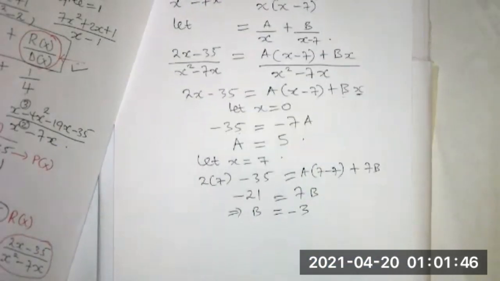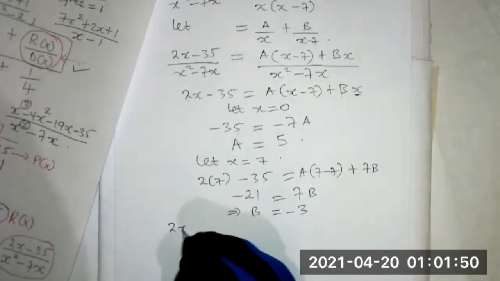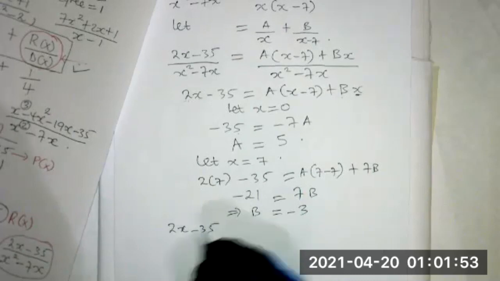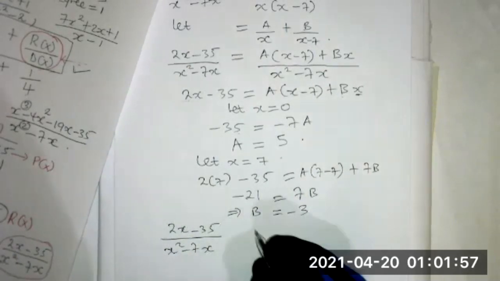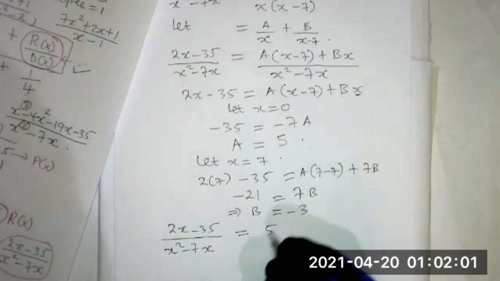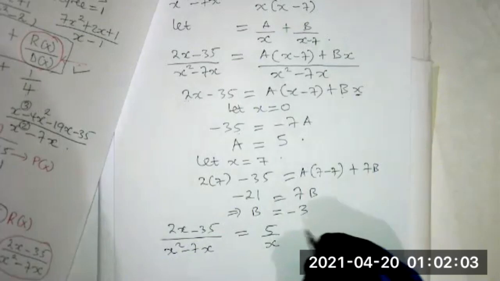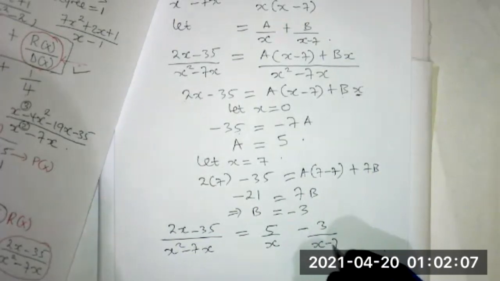So 2x minus 35 over x squared minus 7x is equal to 5 over x minus 3 over x minus 7.